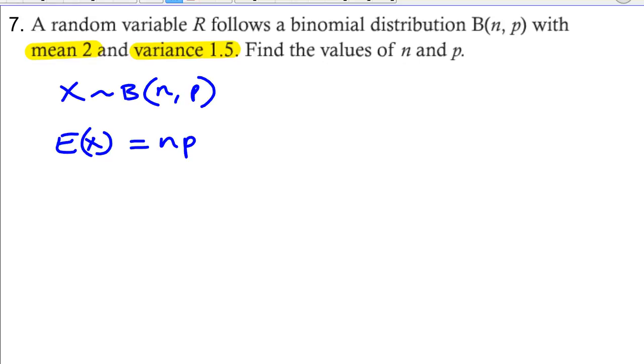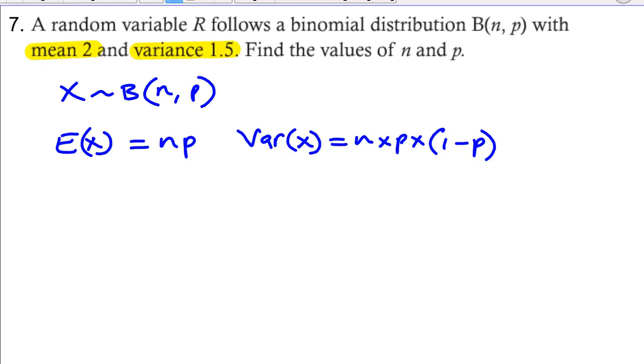And by the way, the variance of a binomial distribution, I showed you that previously when I was introducing this topic, is n multiplied by p multiplied by q. Here q is the complement of p, so I'll write 1 minus p to reduce the number of variables.